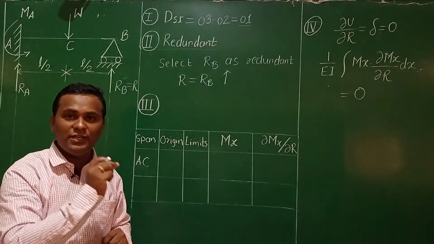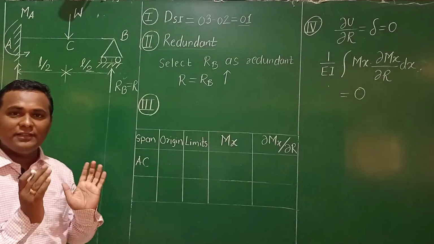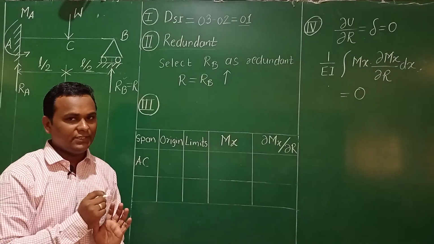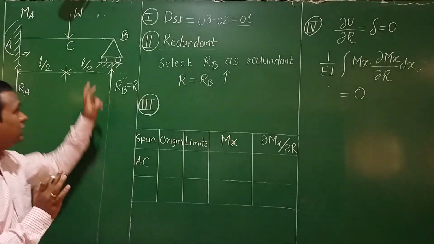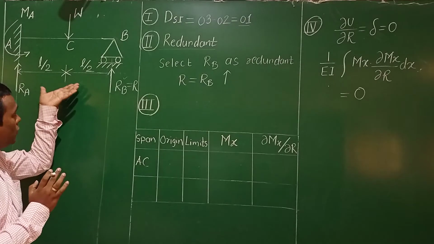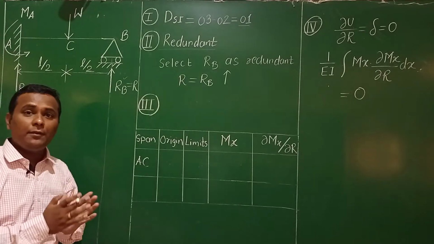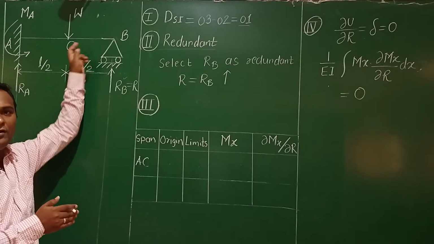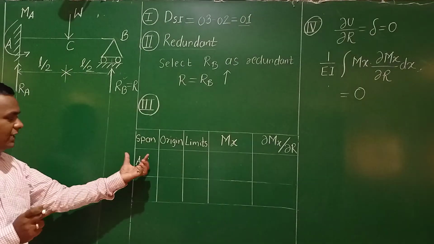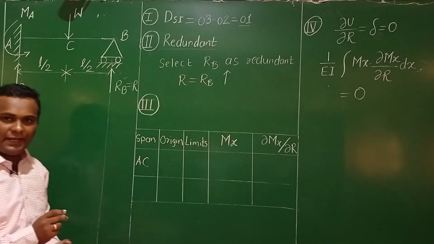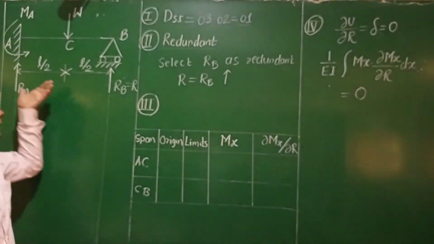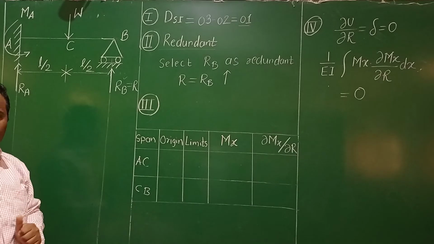If there is a change in loading, we need to consider the spans separately for calculation of bending moment at section XX. If you select the whole span AB, the equation of bending moment will vary because of this point load W. Hence we will select two spans, the first one span AC and the second one span CB, separately.